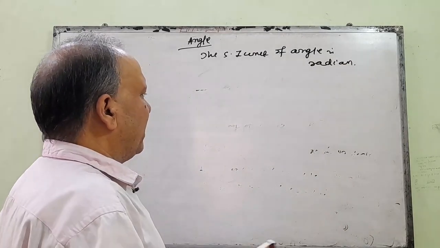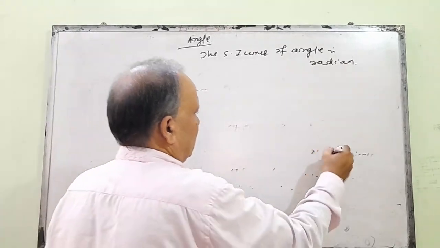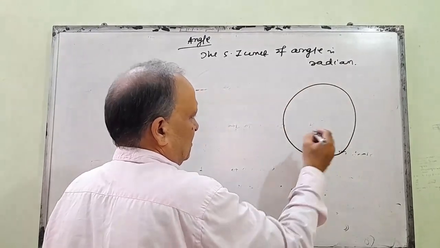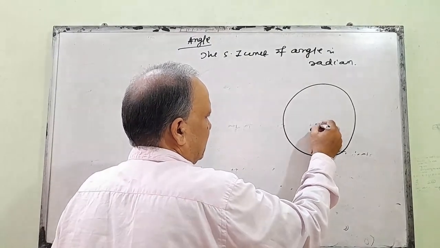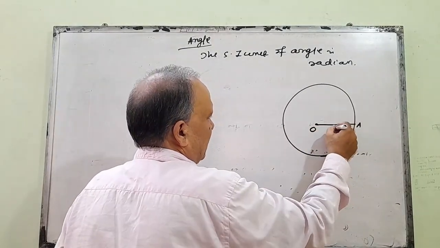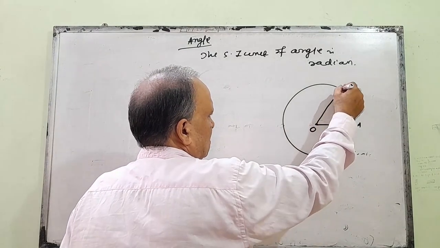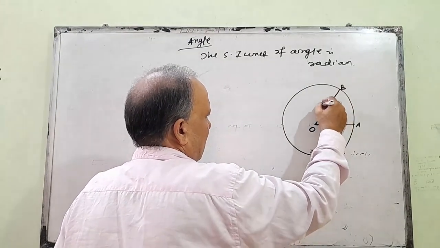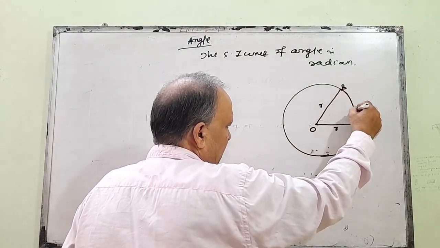What is 1 radian? You take one circle. Suppose O is its center, OA is equal to R, OB is also equal to R, AB is also equal to R.